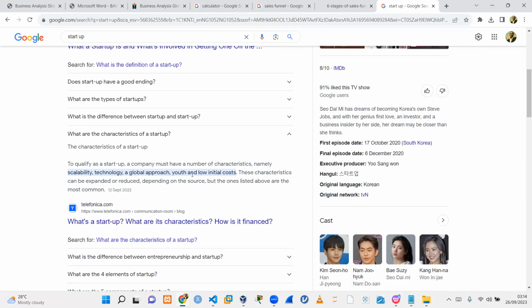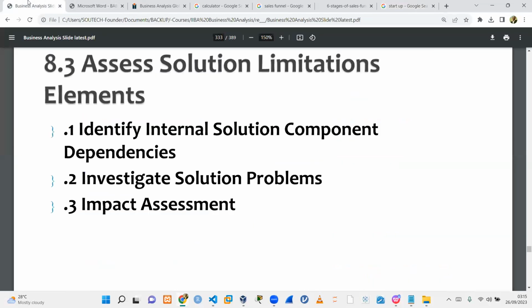Youth, the young, and of course it can be middle age, then low initial costs, right? So these are some of the characteristics of a startup. And one thing they are known for is that they can make millions of dollars, because they're leveraging technology.